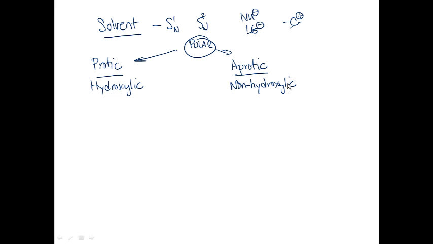I'm kind of old school in that terminology, which was around when I was doing my PhD thesis. So I like hydroxylic and non-hydroxylic, but most textbooks like protic and aprotic. Well, what does that mean? Well, let's look at some different types of polar solvents and put them into these two classifications.